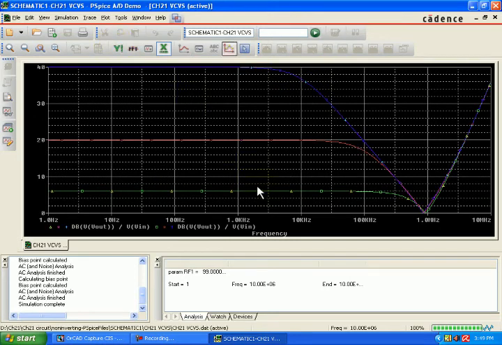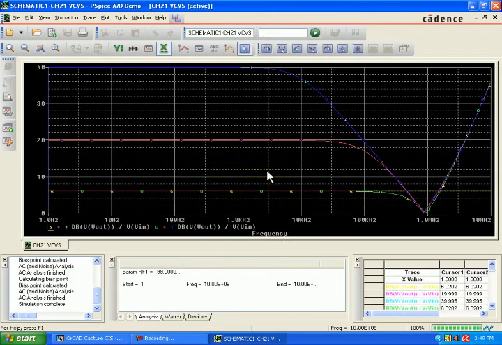These are all the different values of V output over V input for different values of RF1.